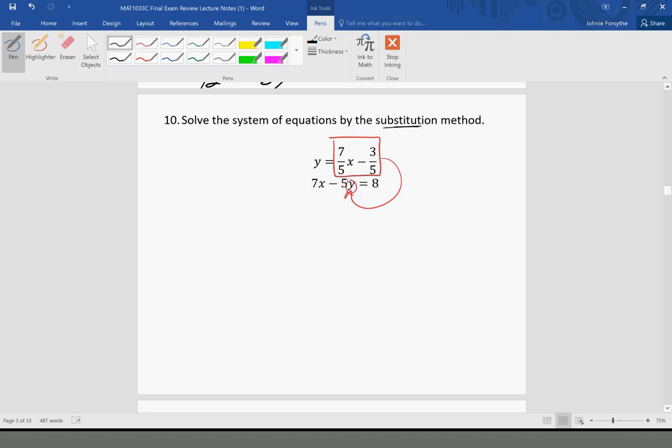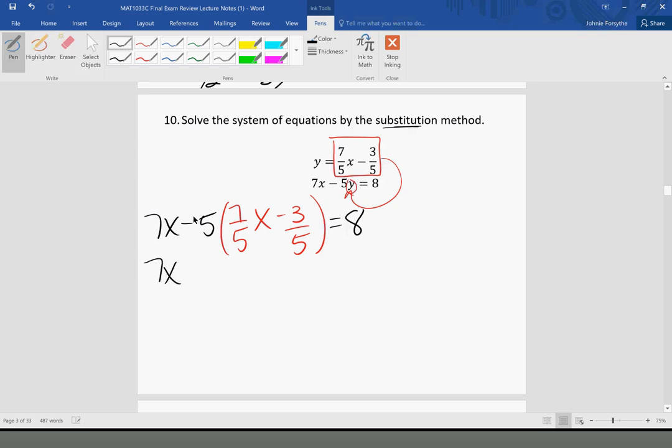So we're substituting that. So I'm going to have 7x minus 5 times 7 over 5x minus 3 over 5 equals 8. So I took what's in that red box and plugged it into y in the other equation. And then I'm going to solve for x.